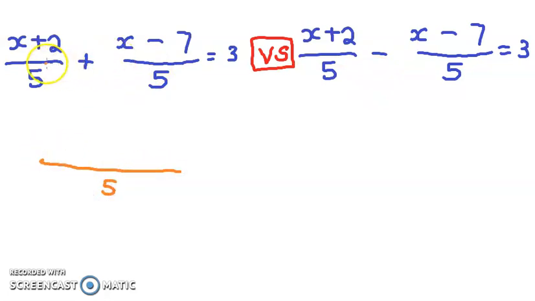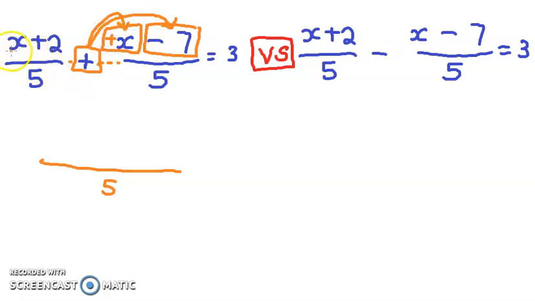So we need to unify them into one fraction, ideally only over 5. How do we do that? We need to get them together, and by doing that we need to take note of the sign here. This is positive times x, positive times negative 7. A good practice is to group them in brackets. Because the sign at the front of this is positive, it becomes itself: x plus 2.